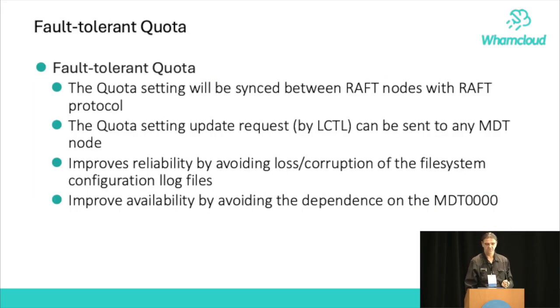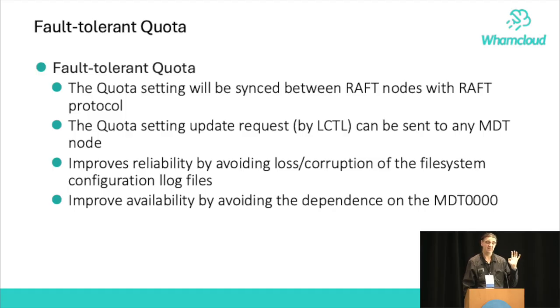So for the fault-tolerant quota, right now the quota master lives on MDT0, so if you lose that, bad news. We are going to have the Raft node on all the MDTs now, that should be able to migrate away no matter where they are, no matter where the leader is, to improve resiliency and reduce the load as well.